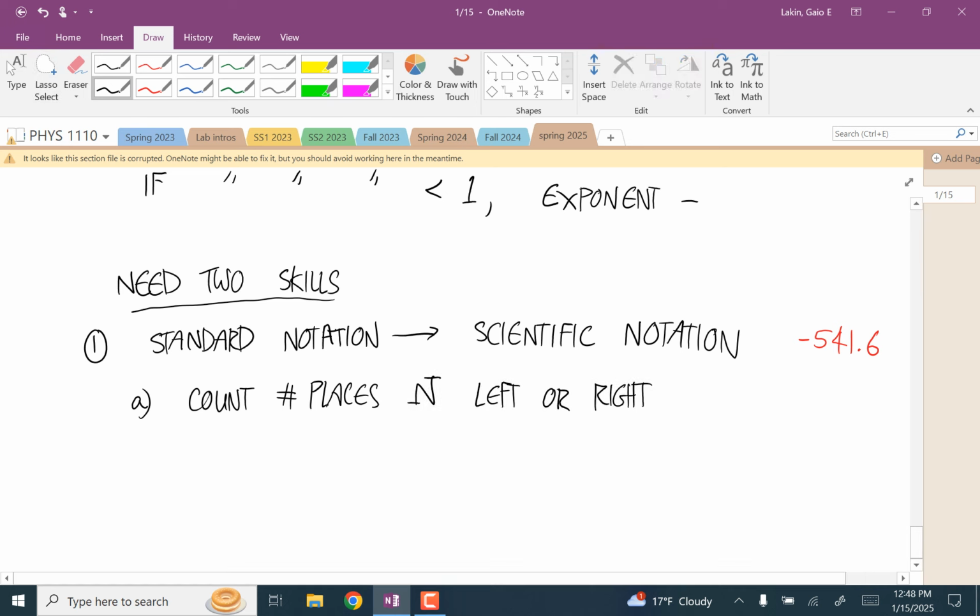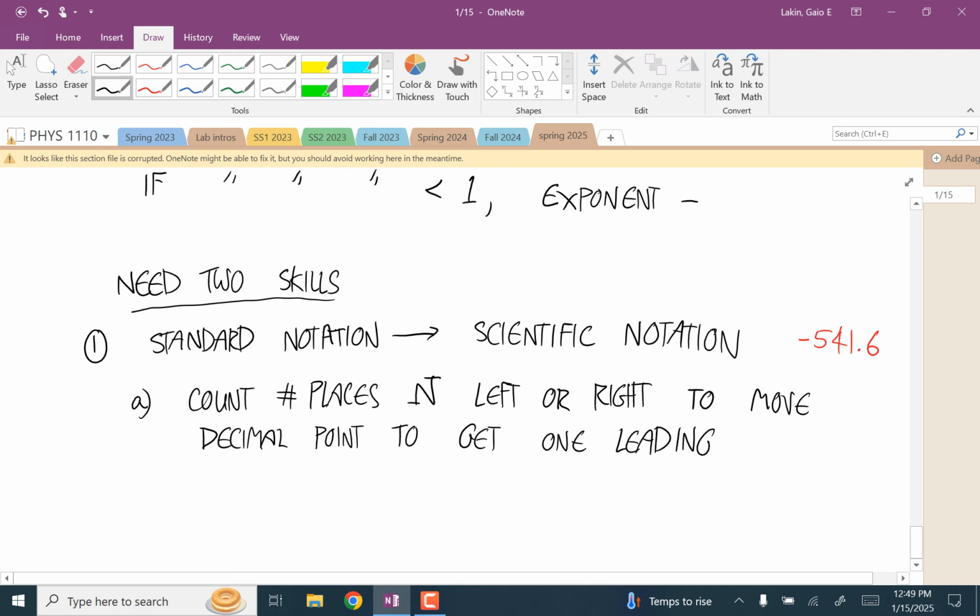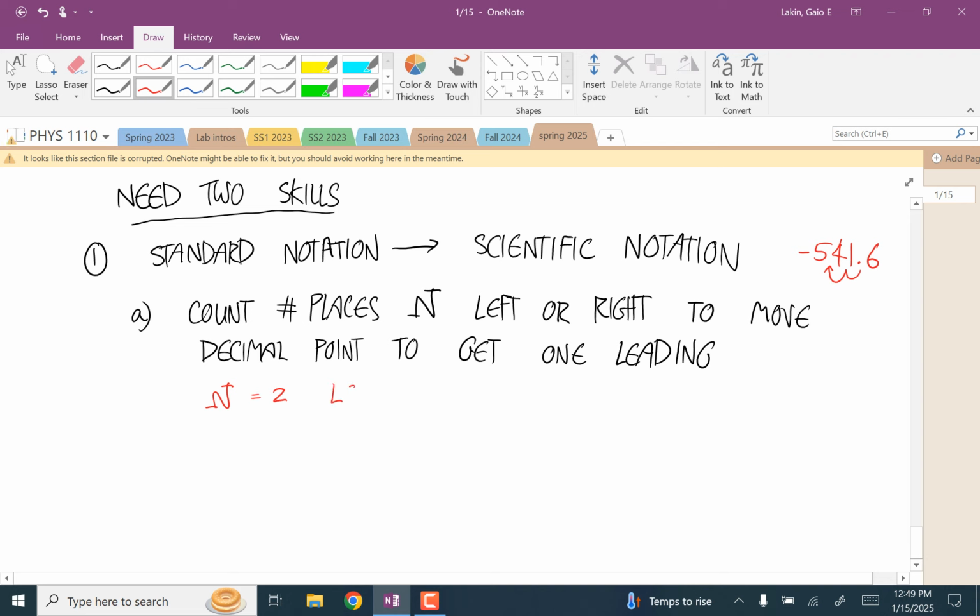That's the one non-zero digit before the decimal place. Okay, so what about with our example of negative 541? We would have to move the decimal point 2 places to the left. So n is equal to 2, and we're moving to the left.